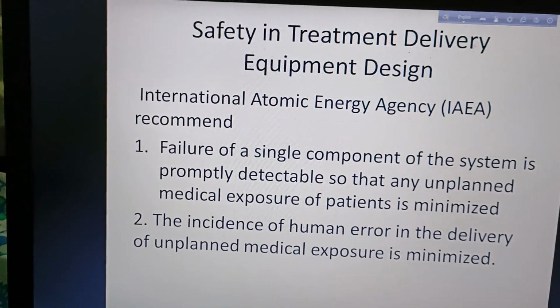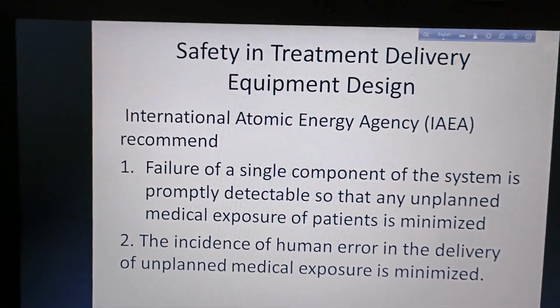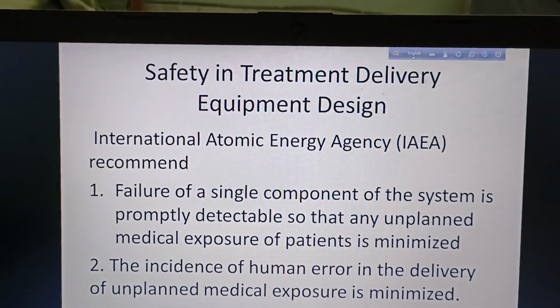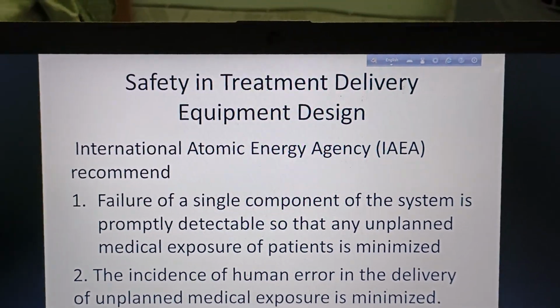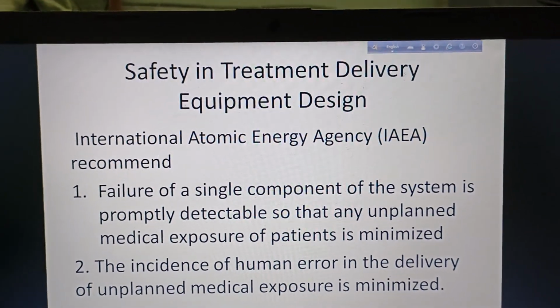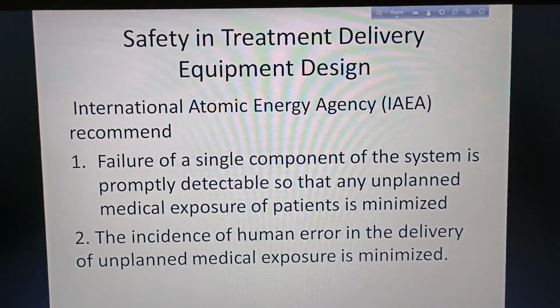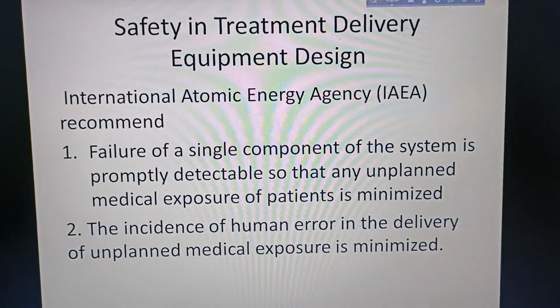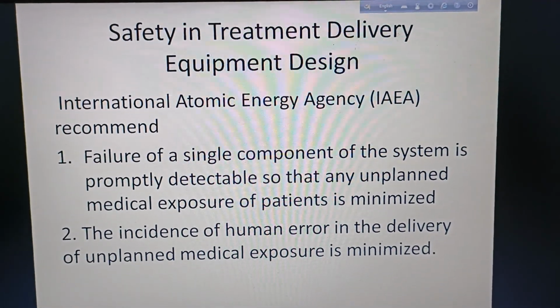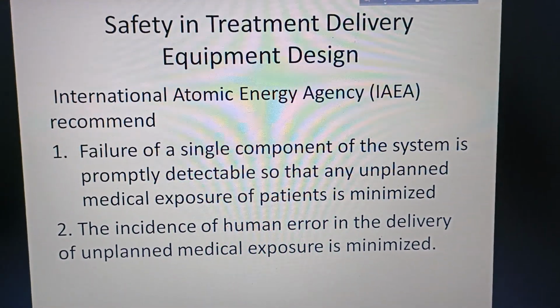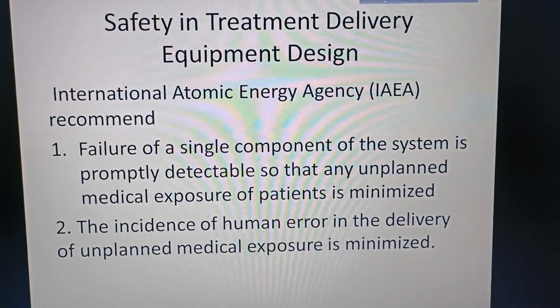Equipment design, safety in treatment delivery. As per the IAEA, International Atomic Energy Agency, it is recommended that, number one, failure of a single component of the system is promptly detectable so that any unplanned medical exposure of patient is minimized.